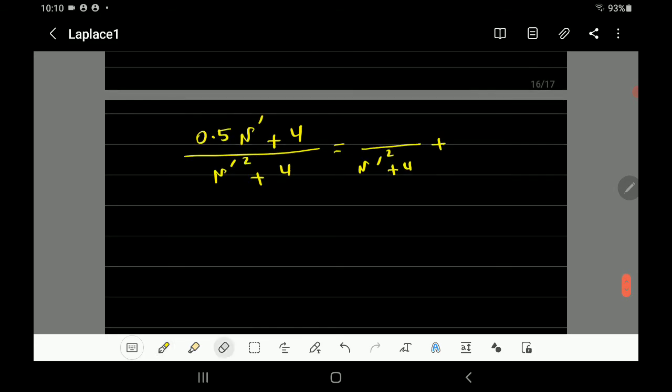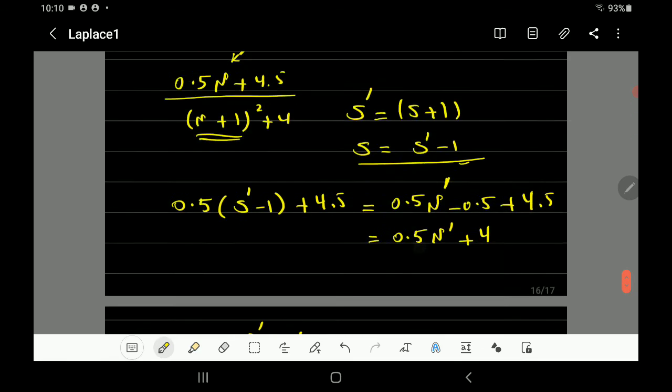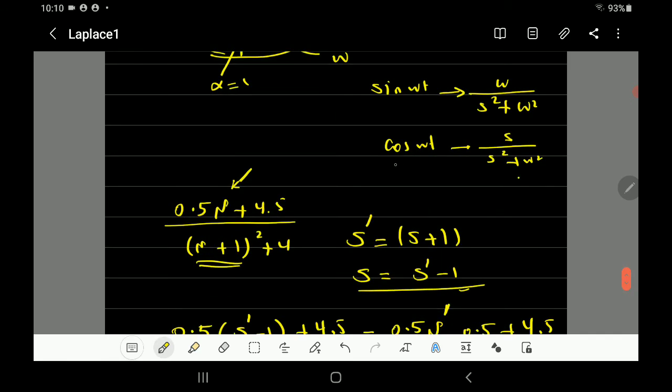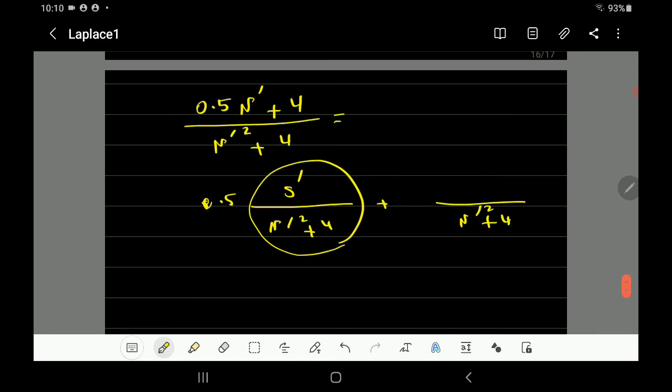Let's write it in a bigger line because we want to do things here. So s dash squared plus 4, and another one, s dash squared plus 4. If you use s dash here and put 0.5 outside, this one is like the cosine, so this term will give you the cosine.